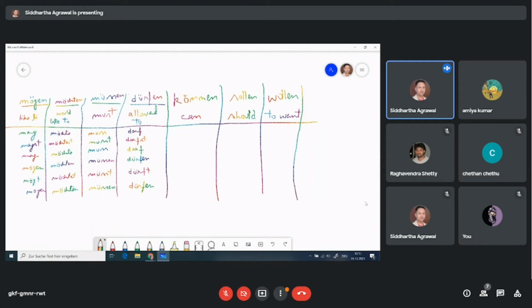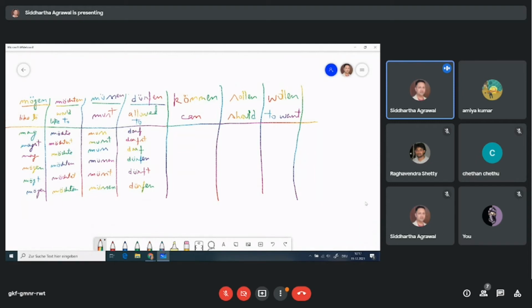Then er/sie/es again is kann. Then wir können. Then ihr könnt. Sie können.